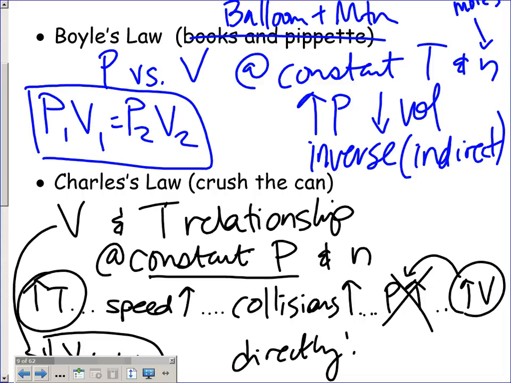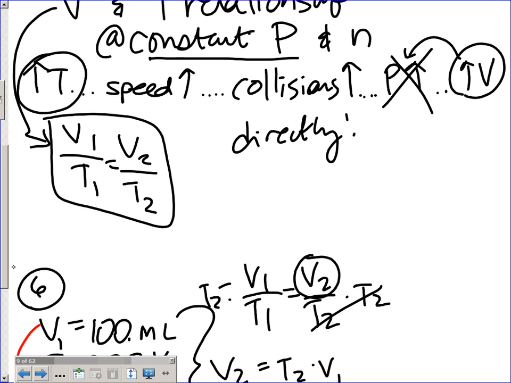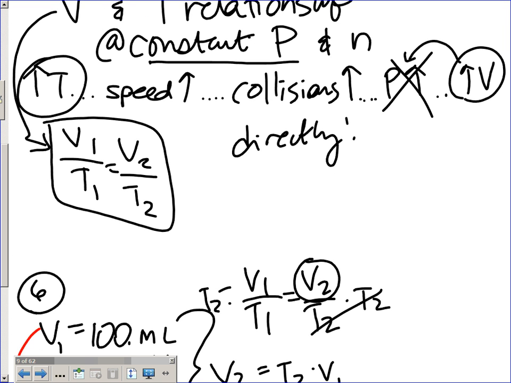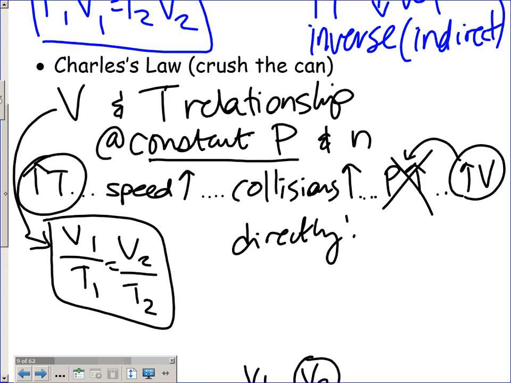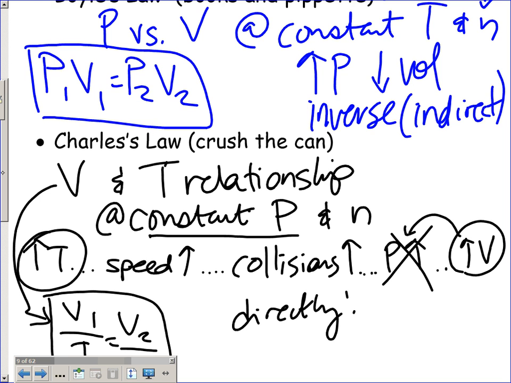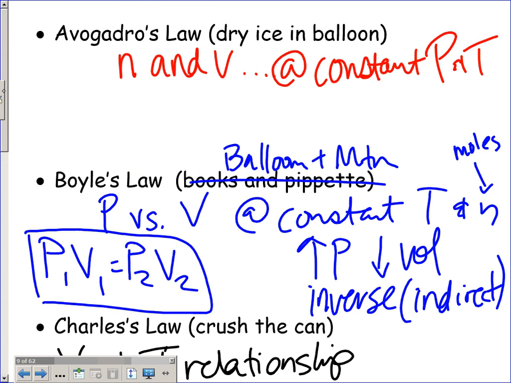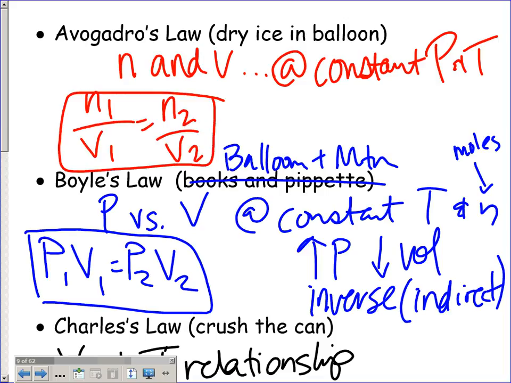An indirect relationship, they're right next to each other, because as one goes up, one goes down. But a direct relationship, they're always written on top of each other like this. So if this is a direct relationship, which format is it going to take on? The bottom one. N1 over V1 equals N2 over V2. That is Avogadro's law. I'm not going to do an example right now, though.